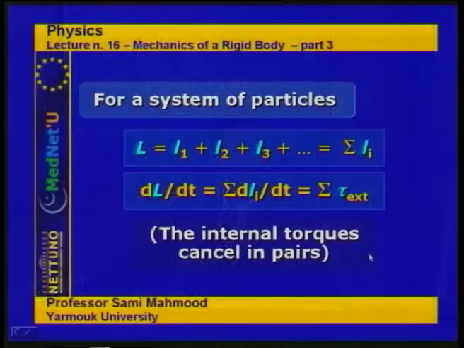And so we get Newton's second law for a system of objects in its most general form.